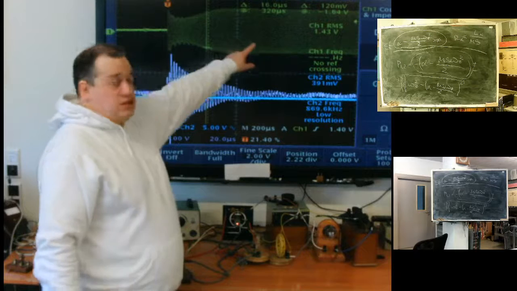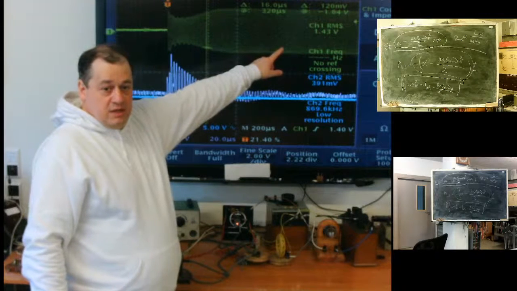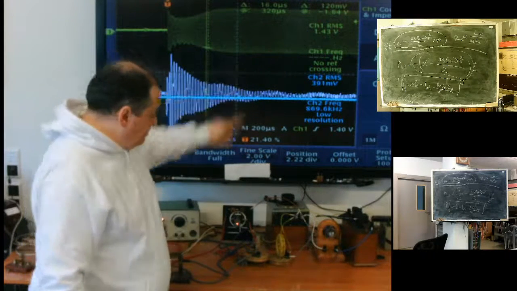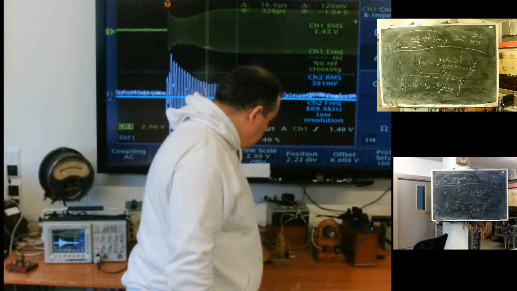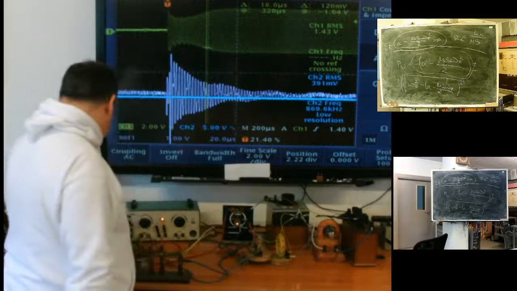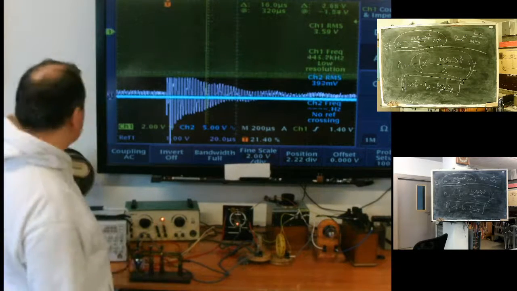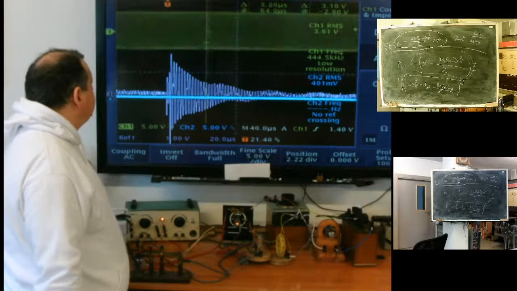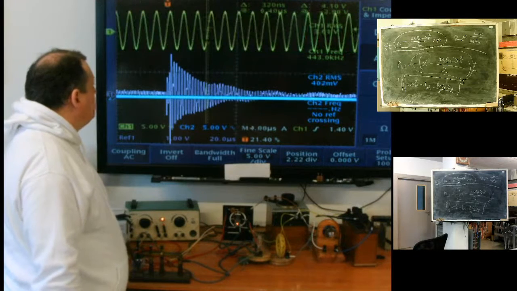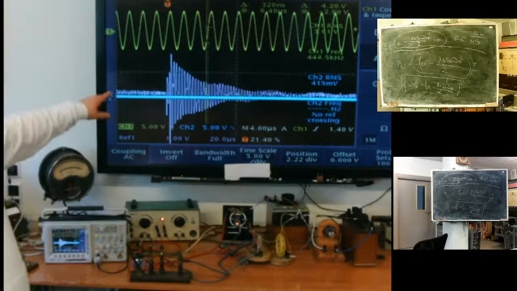You see oscillation. Continuous. Now the system is not stable.